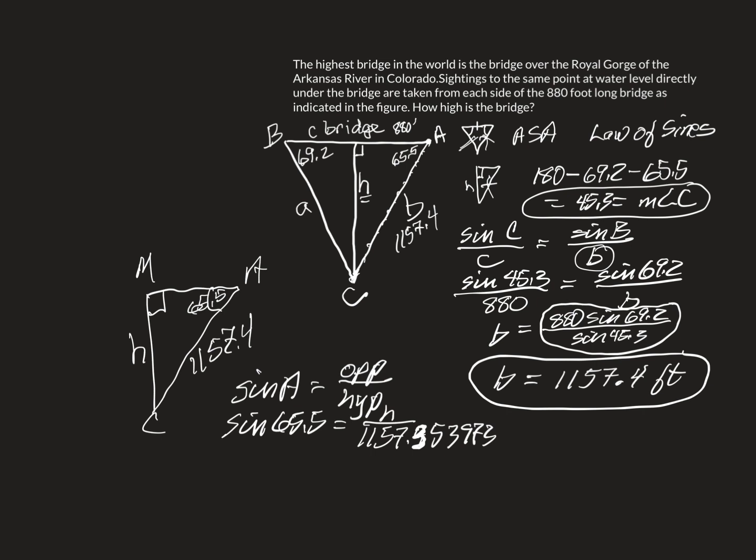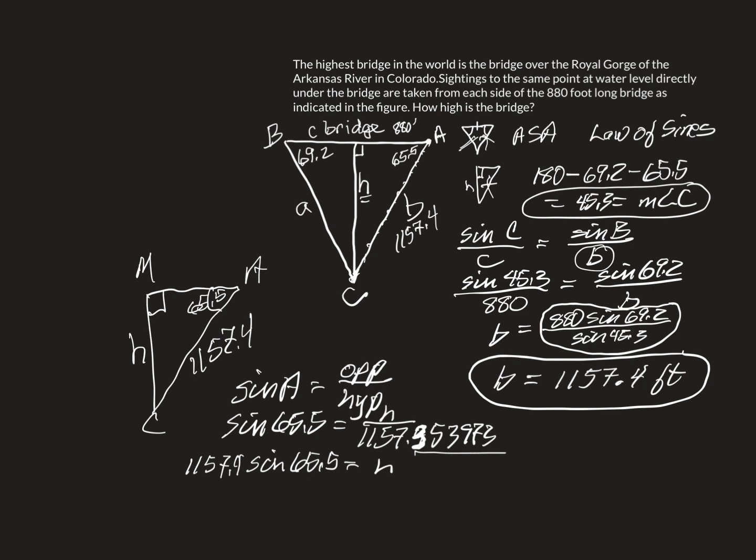So we'll cross multiply, and so we basically get the 1157.4, which I'm going to enter as what I got on my calculator, times the sine of 65.5 equals the height, okay? Now, actually, this number is on my calculator.